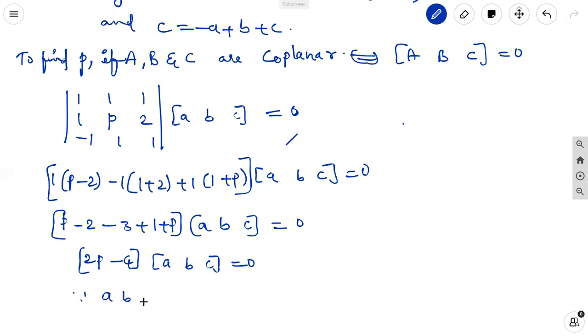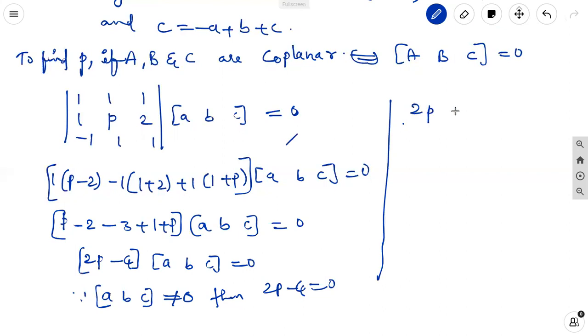Since the abc volume is not equal to 0, because abc are non-coplanar, then 2p minus 4 should be 0. From this, 2p is equal to 4, p equal to 2. From the relation of coplanar of capital ABC vectors with the small abc non-coplanar vectors, we get the p value is 2 only.